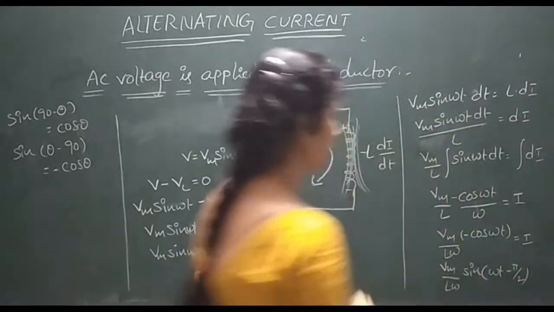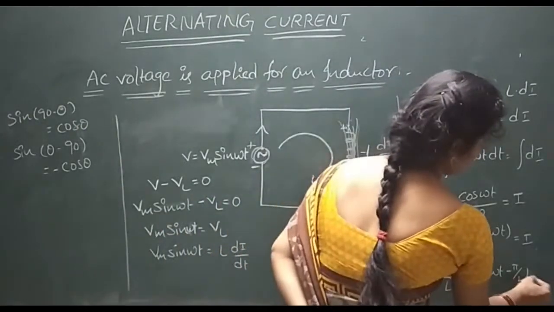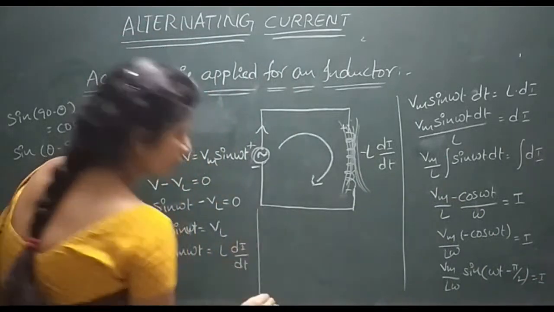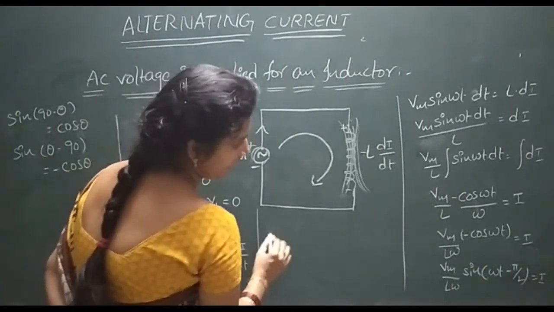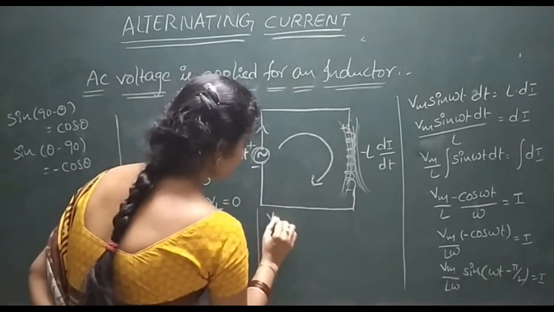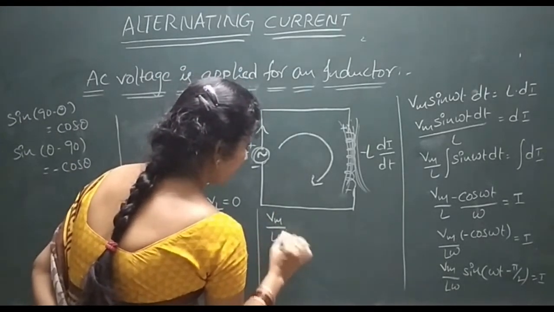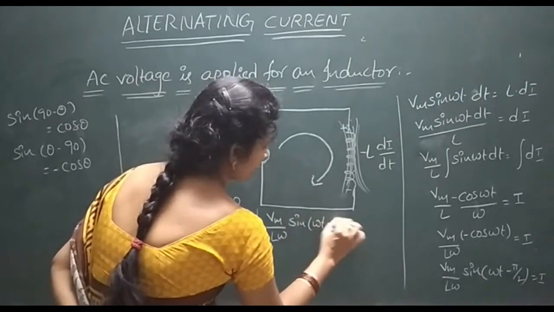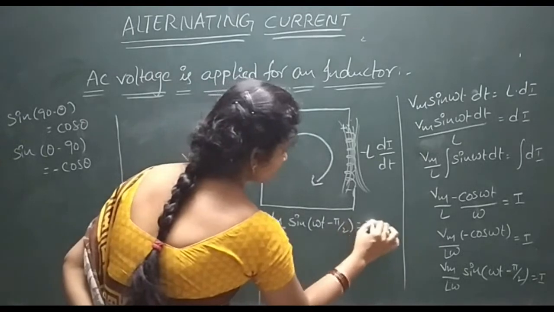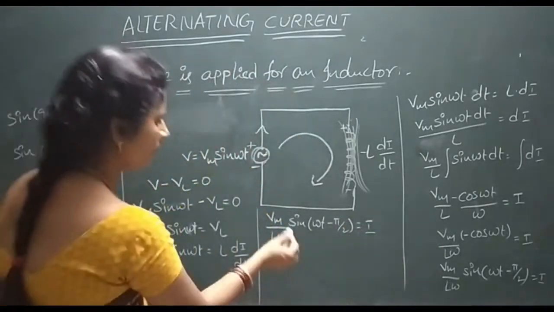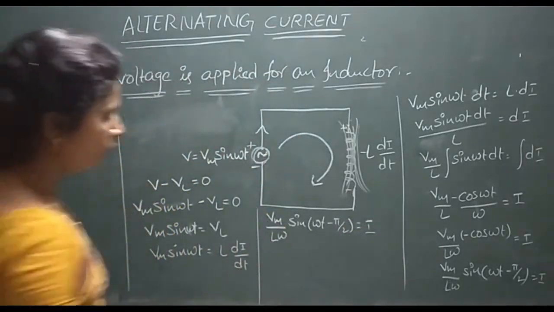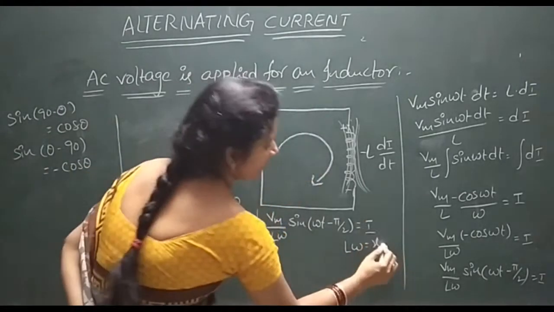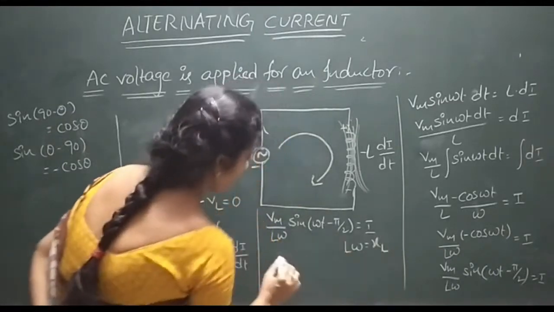That equals I. So here L omega can be written as XL, it is represented by XL.